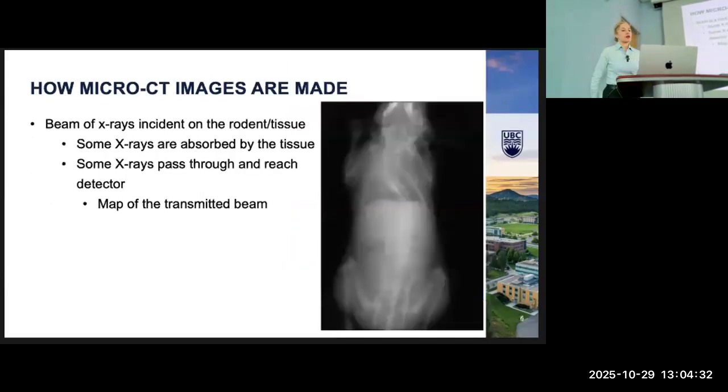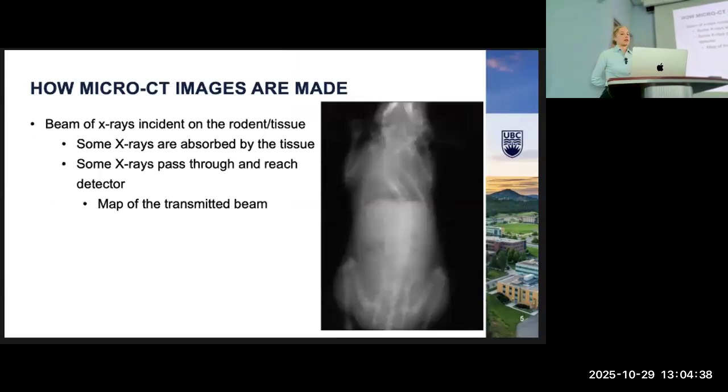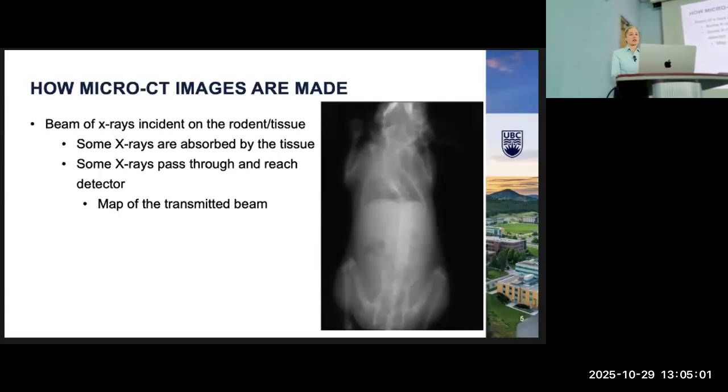So how are micro CT images made? We have a beam of X-rays that are incident upon our rodent or tissue. Some of those X-rays are going to be absorbed by the tissue, and that will give us differential contrast between different tissues. The other X-rays will pass through and strike the detector. So what we have on the detector is a map of the transmitted beam, and on the far side, we have an image of a mouse.